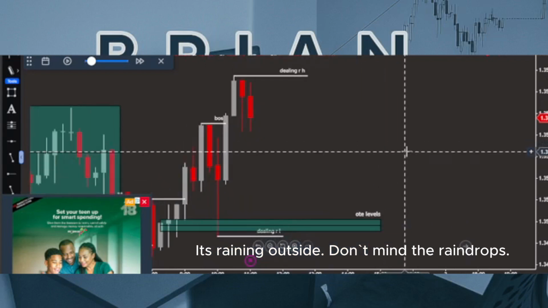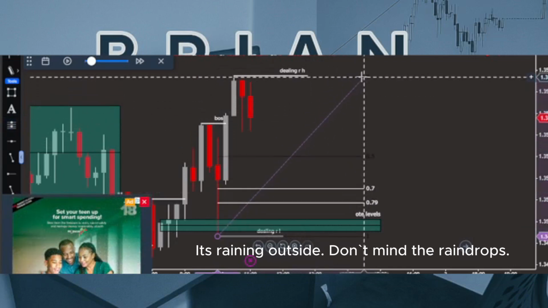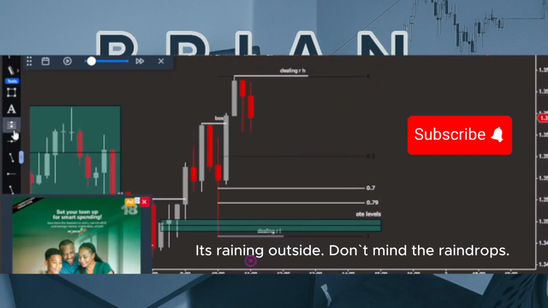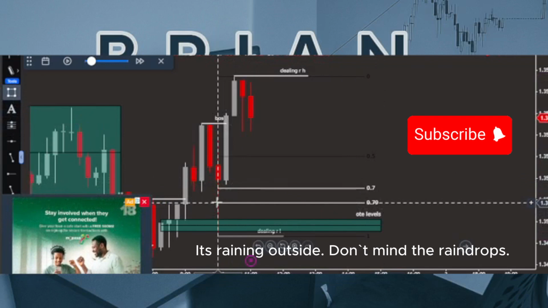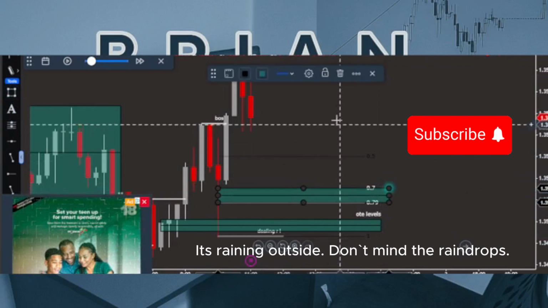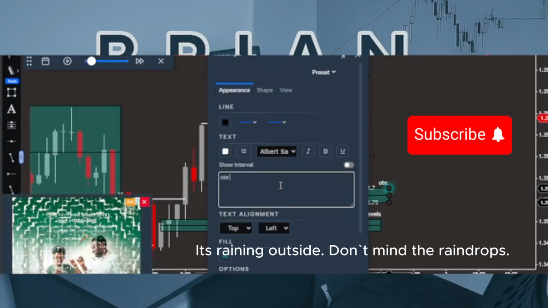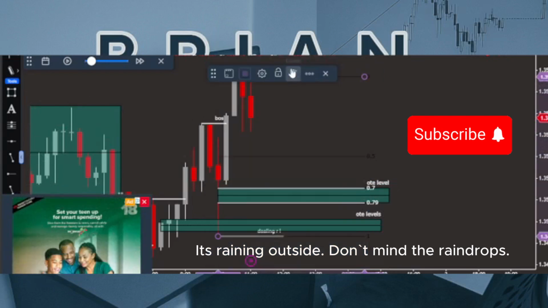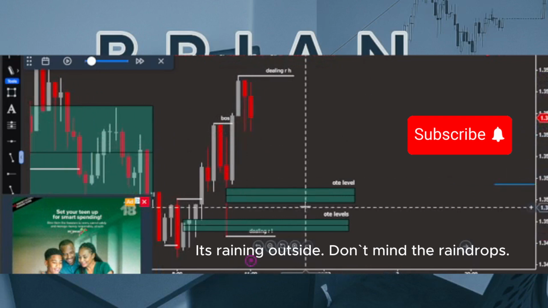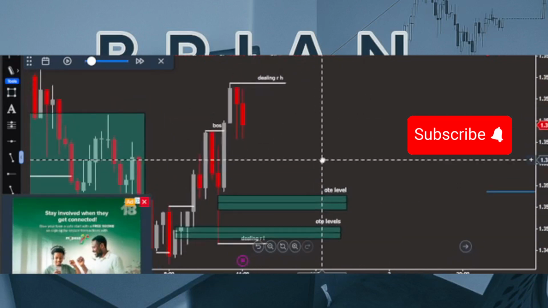The next thing is to draw a Fib to get our optimal trading entry, the OTE. The 0.79, 0.7 is our OTE level for our second re-entry. Waiting for price to come back here for our second re-entry and our stop loss here.